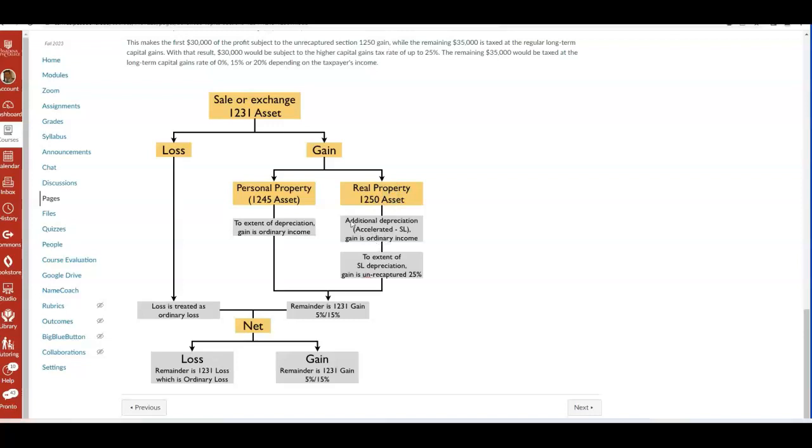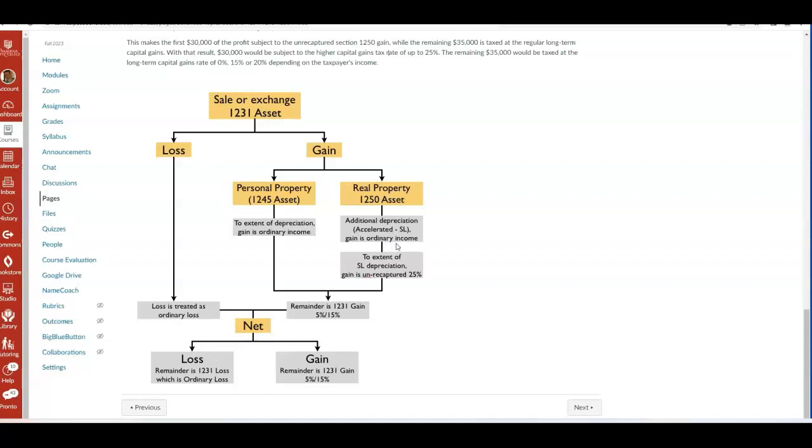First, additional depreciation. Additional depreciation happens when you use accelerated depreciation. And then you say, okay, my accelerated depreciation compared to straight line depreciation was this much. That amount will be ordinary income, which is the highest possible tax rate.